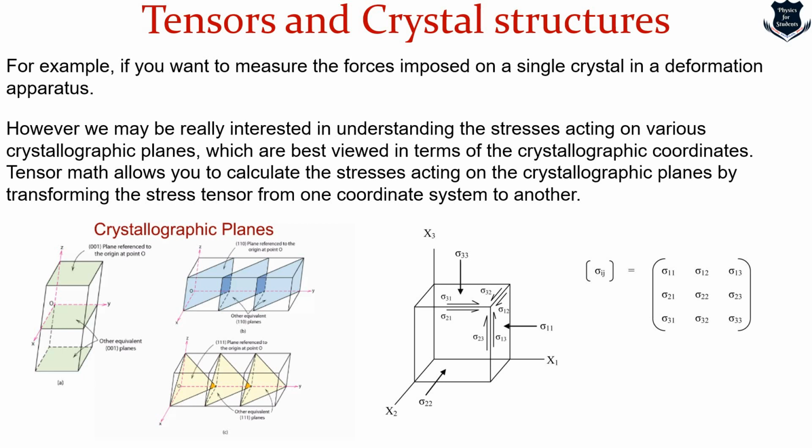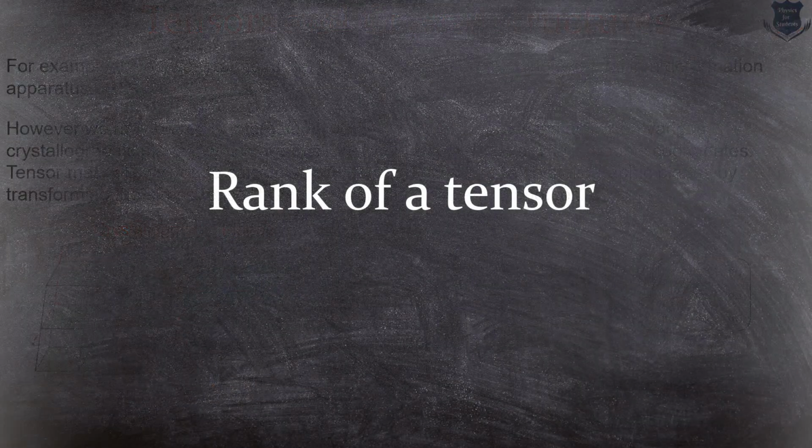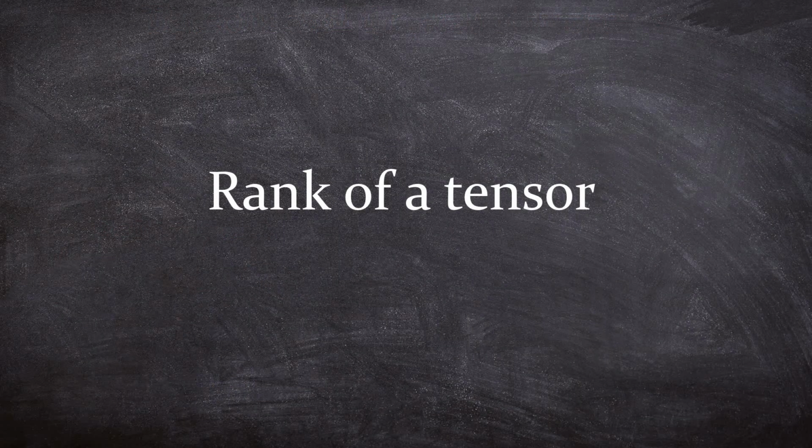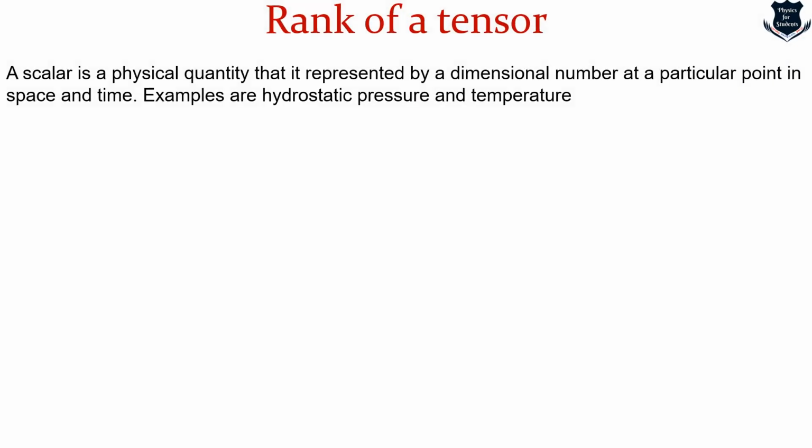So in this part of the video we have clearly understood why tensors, what the definition is, a little bit about history, and why tensors are used in understanding crystal structures. Now there is something very important, called the rank of a tensor. We will not go too much into the difficult mathematics, but visually we will understand what the rank of a tensor is.